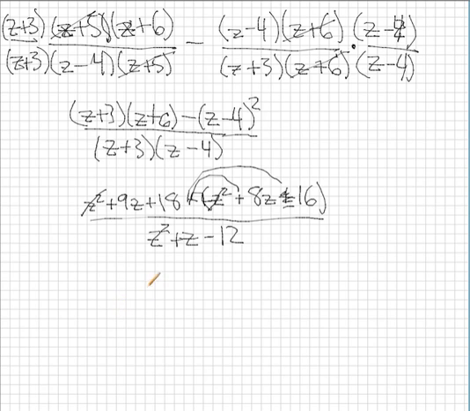And then 9z plus 8z is going to equal 17z. And then 18 minus 16 is going to equal 2. So we're going to add 2 on top, and then the bottom's going to stay the same. It's going to be z squared plus z minus 12.